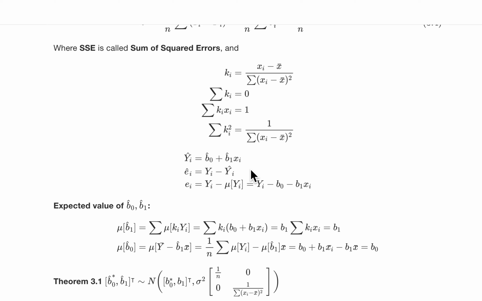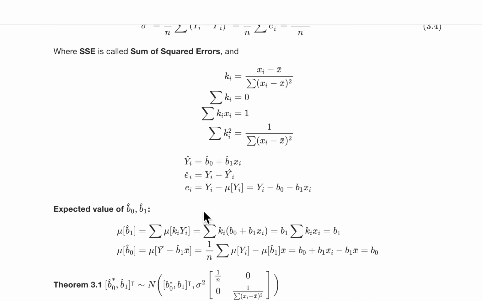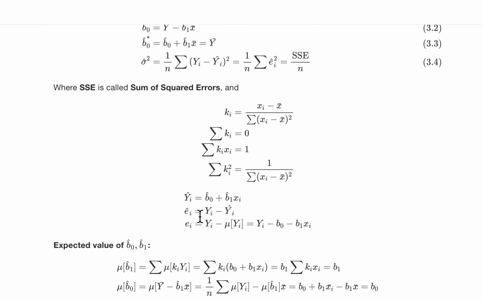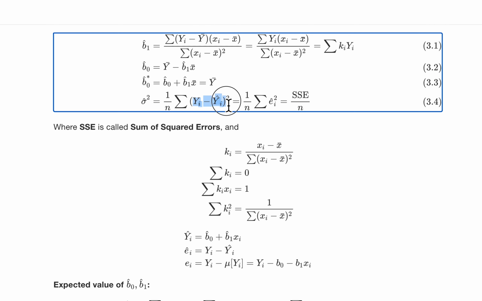Yi hat is the statistical estimation of the y value when we estimate b0 and b1 with their own point estimates. One very important thing is that SSE is the sum of the ei squares, where ei hat is the error term, yi minus the fitted value, the point estimate of yi, and SSE is the sum of those yi minus yi hat squared.